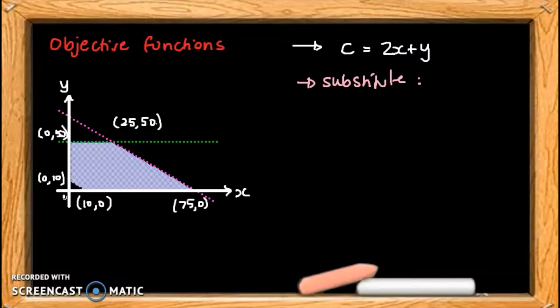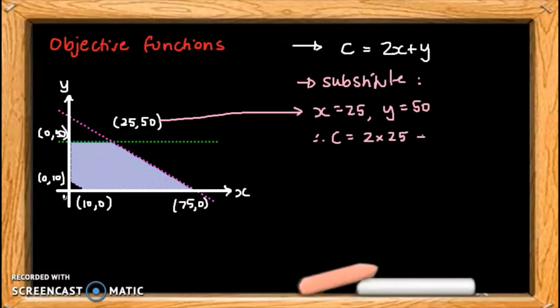I'm going to take this point here, 25 and 50. At 25 and 50, x equals 25 and y equals 50, which means my C, when I substitute my values in, will be 2 times 25 plus 50, which equals 100.